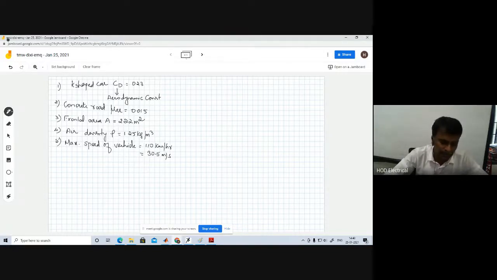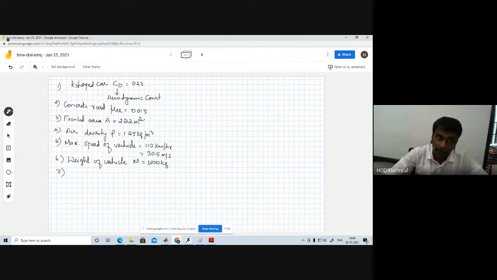Then next, the maximum weight of the vehicle is chosen as 1000 kilogram.